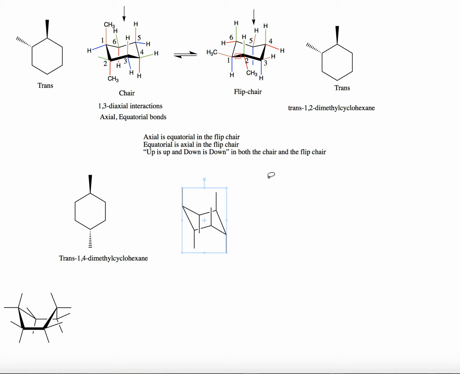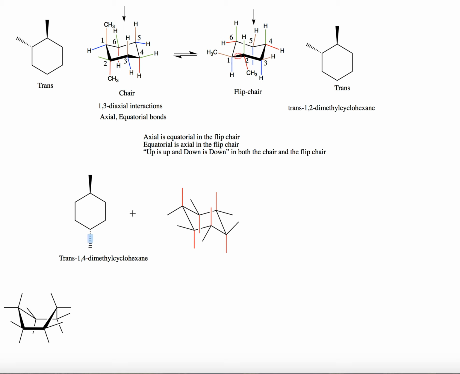I'm gonna color code these axial bonds in red, and then equatorial is in the opposite plane, so the equatorial must be down here, up, down, up, down, and up. Okay, so this will be the chair.